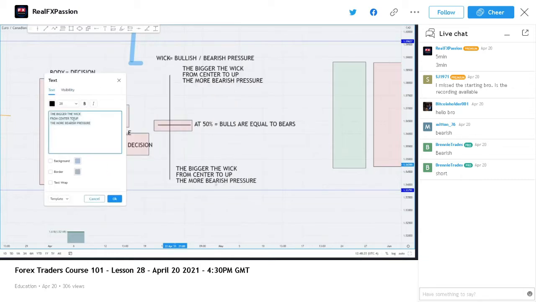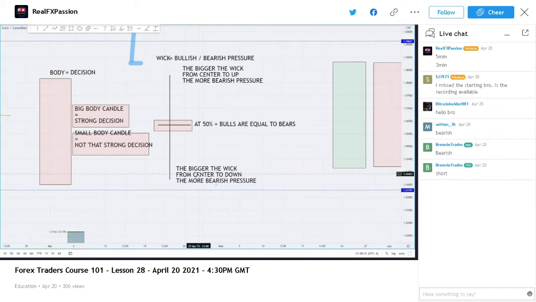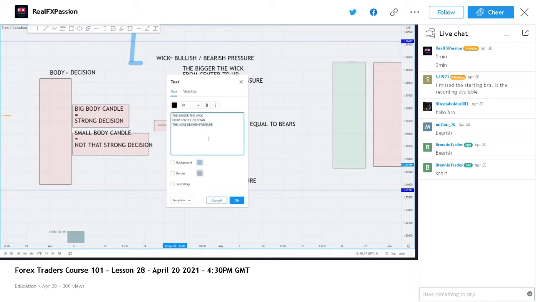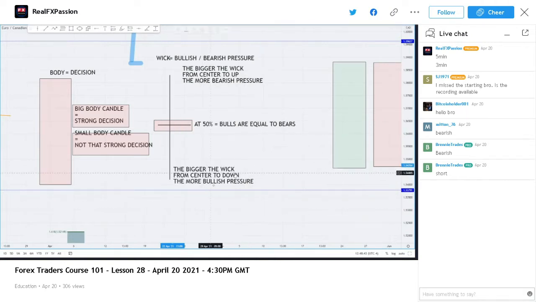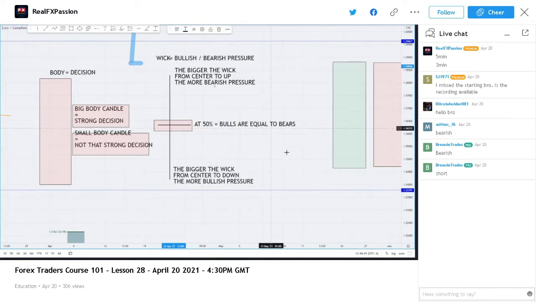So the bigger the wick from center to down, the more bearish pressure. The bigger the wick from center to down, the more, not bearish, but bullish, right? Bullish pressure.